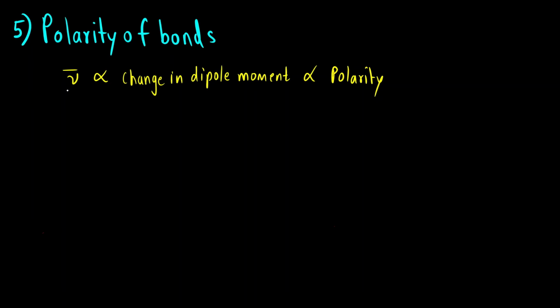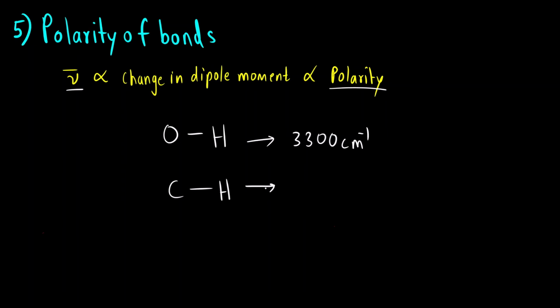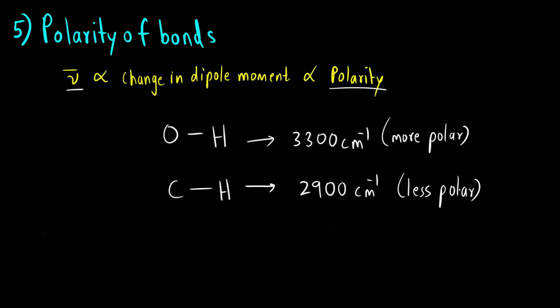Let's say for example the OH bond and the CH bond. We see OH stretching frequency at around 3300 centimeter inverse, and CH at around 2900 centimeter inverse. So OH is more polar, and the CH bond is less polar, so its stretching frequency is also lower.